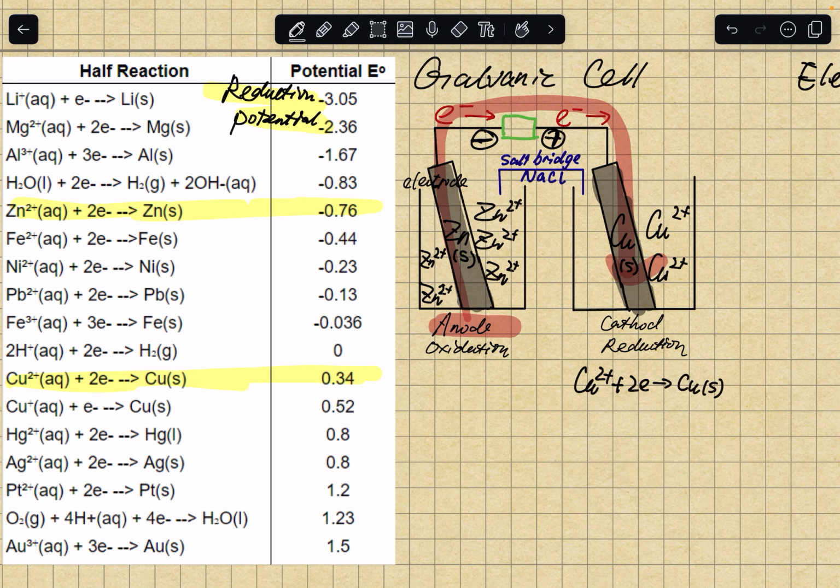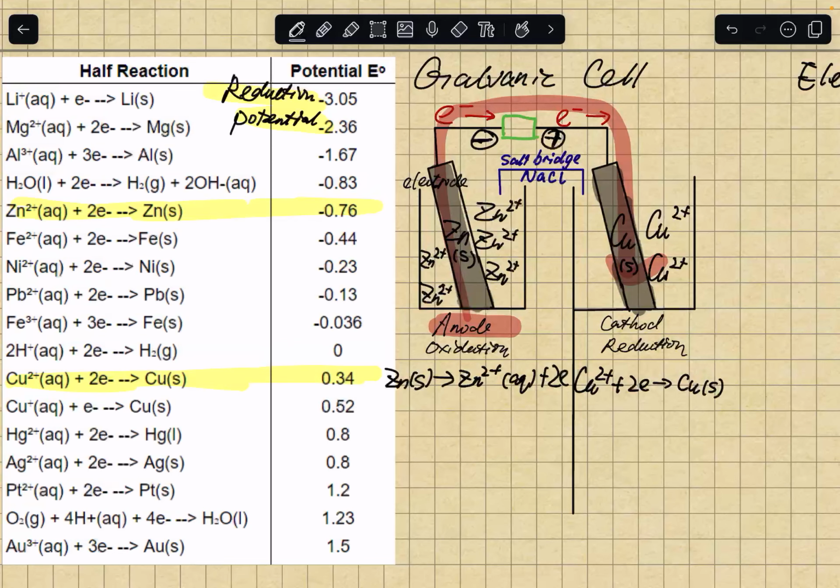The anode side, where oxidation happens, is just a flip of the reduction reaction: the solid zinc is broken down into the aqueous zinc cation plus electrons. So those are the two different reactions happening in the two half cells: oxidation at the anode and reduction at the cathode. Some people use the mnemonic RED CAT to remember that the cathode is where reduction happens.